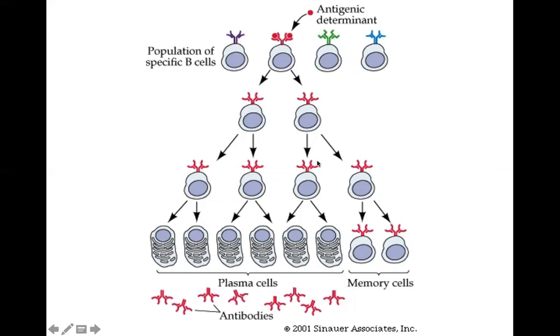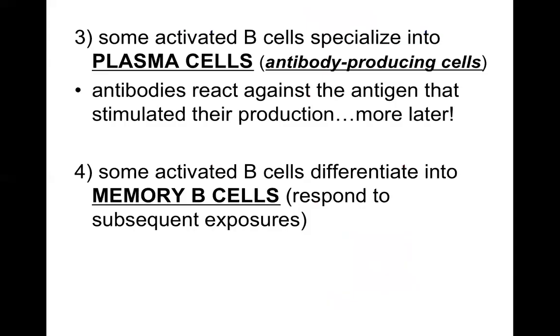Some of those clone cells do not get involved in this first fight. Those are memory cells. So you do have memory B cells and memory T cells that don't engage in this initial infection. They just hang back in case later on in life there's another exposure. So some activated B cells, like we said, become plasma cells.